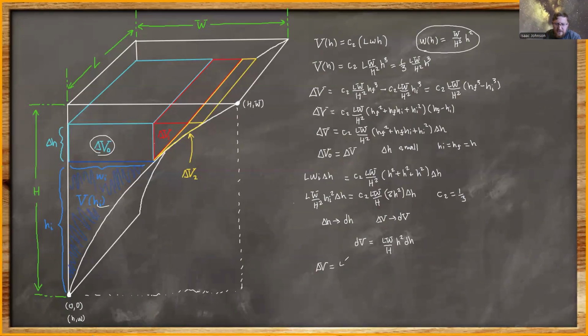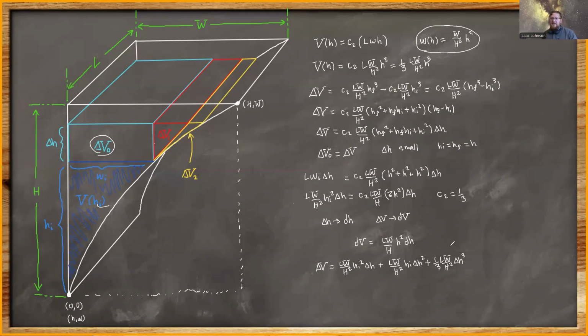Delta V equals length width over height squared, H initial squared times delta H. That's the rectangular portion. Plus length times width over H squared, H initial delta H squared, plus 1/3 length width over H squared, delta H cubed.